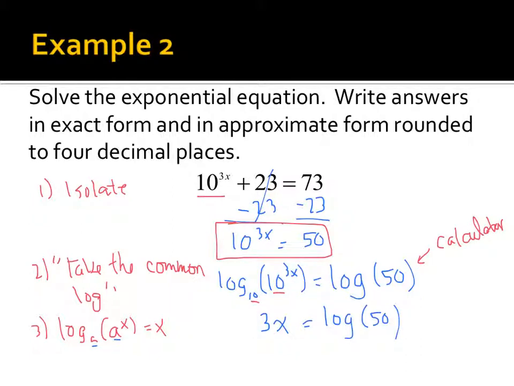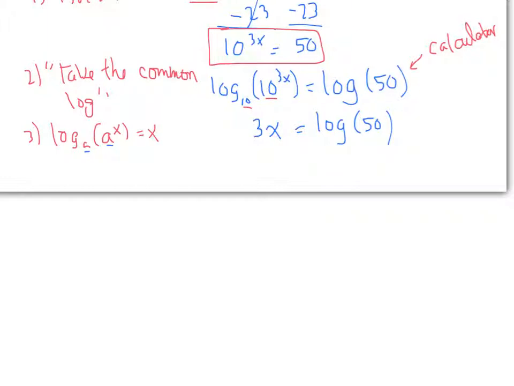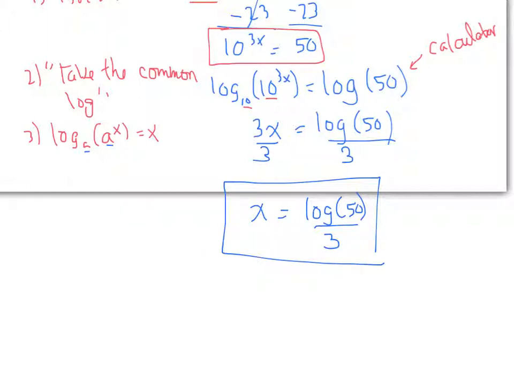And now when I divide by 3 on both sides, because I want to get the x by itself, that's always our goal, the exact answer is x equals log of 50 divided by 3. This is something you can plug into your calculator so that you get that x is approximately equal to 0.5663. Okay, so hopefully that makes sense.